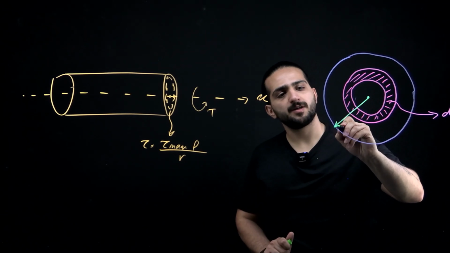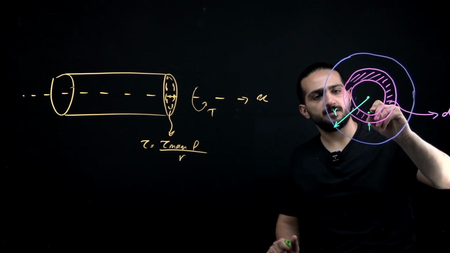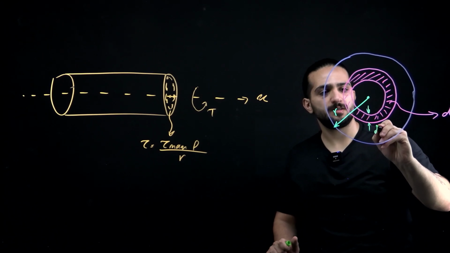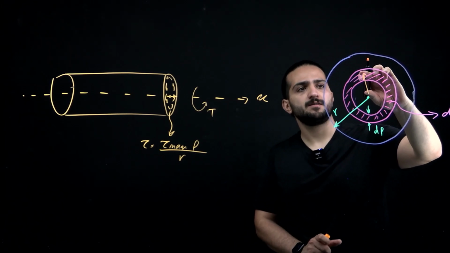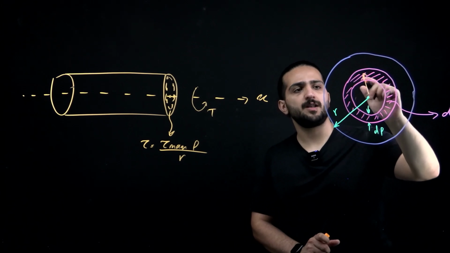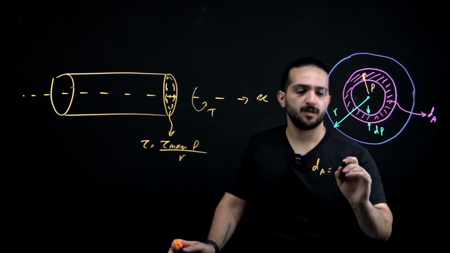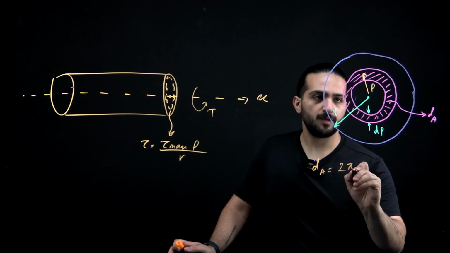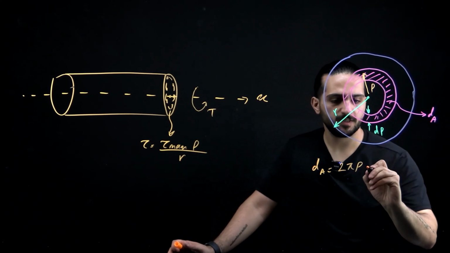This will be our r. We can call the thickness of this element d rho, and we can call this distance from the center to the element rho. So this dA will be 2 pi rho multiplied by this thickness, which is d rho.